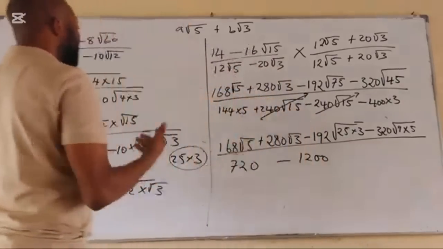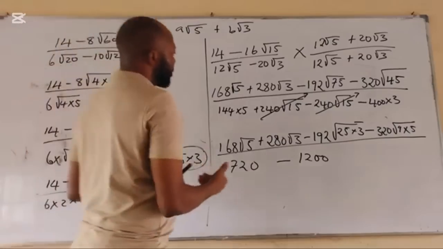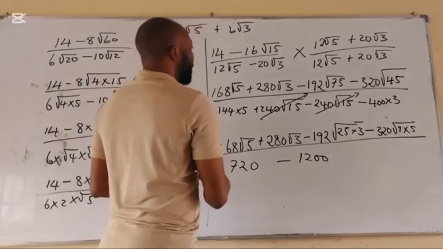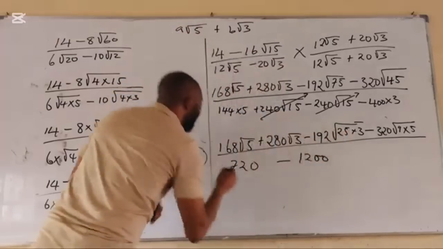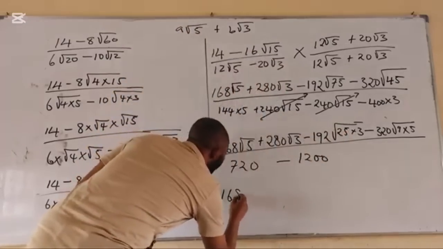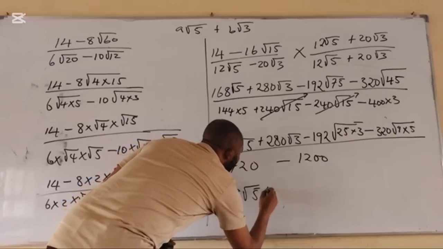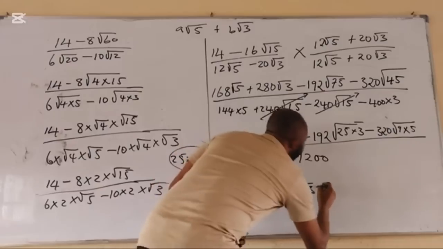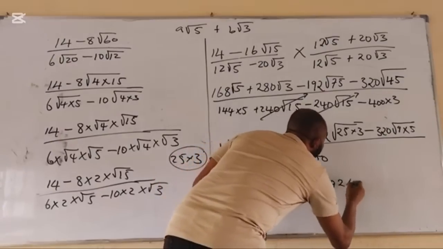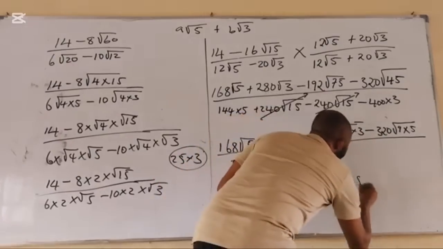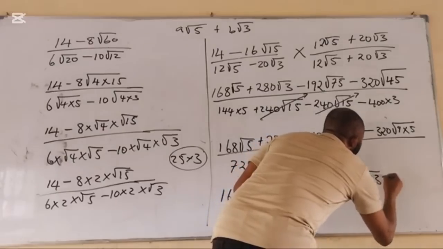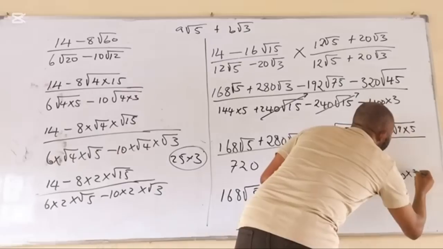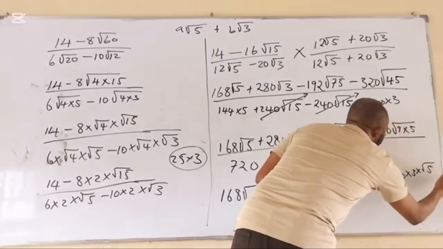Now, let's proceed. One more step before I clean. Okay, now here I have 168 root 5 plus 280 root 3 minus 192 times root 25 is 5 times root 3 minus 320 times root 9 is 3 times root 5.